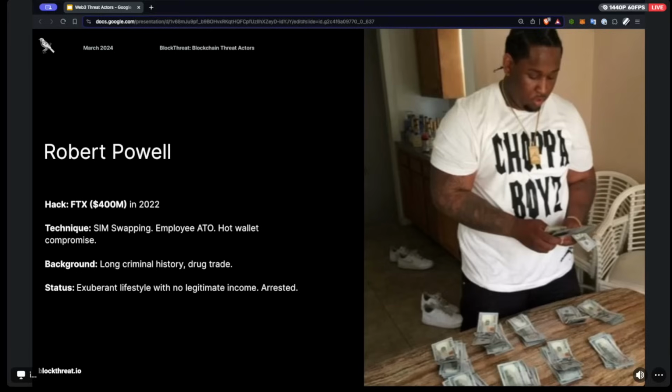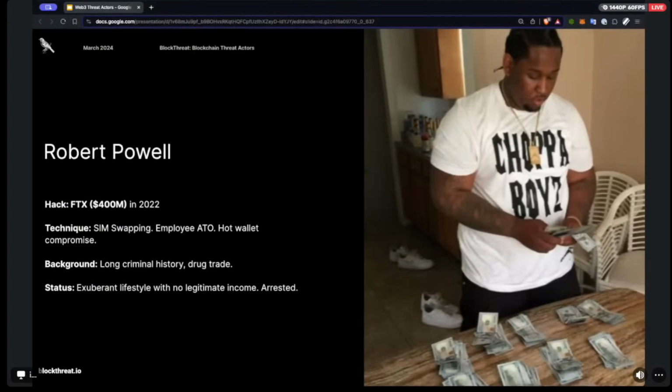He was living an exuberant lifestyle with no source of income. At one point, a mail person showed up at his doorstep and saw a wad of cash in his mailbox, like 10 G's in cash just lying there. That's apparently how he paid rent. This person was arrested, so it's very curious to learn more about what happened and how he targeted FTX.